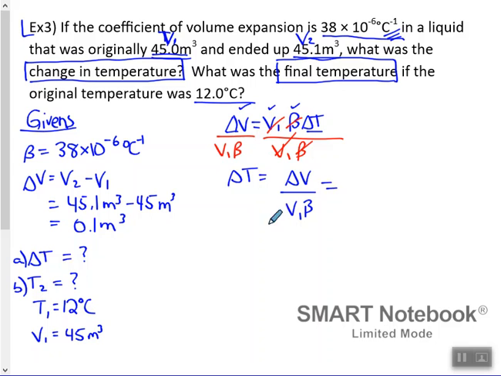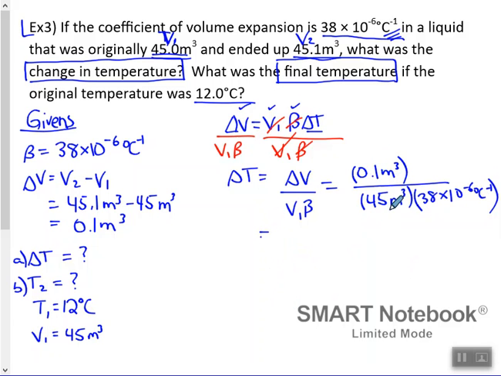Substituting in, delta V is 0.1 meters cubed divided by my initial volume, 45 meters cubed, and my beta, 38 times 10 to the negative 6 degrees Celsius negative 1.